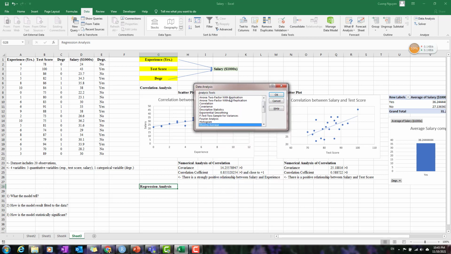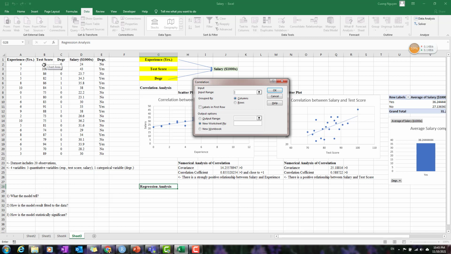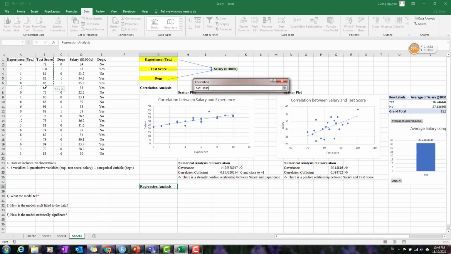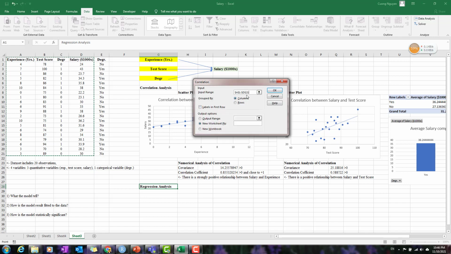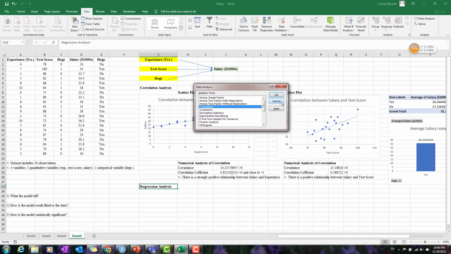So I go and click on the data analysis tool, and first of all I can do the correlation. Remember, what is the correlation? This is where we check the relationship between the variables.